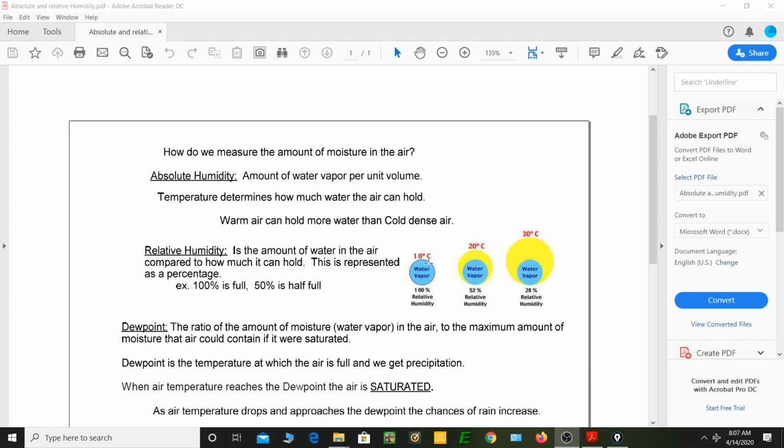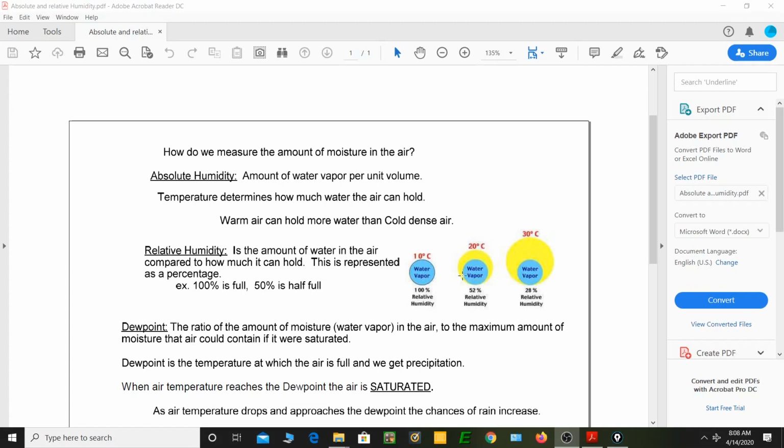Right here, if we're at 10 degrees, this parcel of air, okay, which is just a volume of air, could be right up to its capacity. It can't hold any more. So picture a glass that's filled to the top. As the air increases in temperature, as you go from 10 degrees to 20 degrees to 30 degrees, the yellow represents the size of the container.